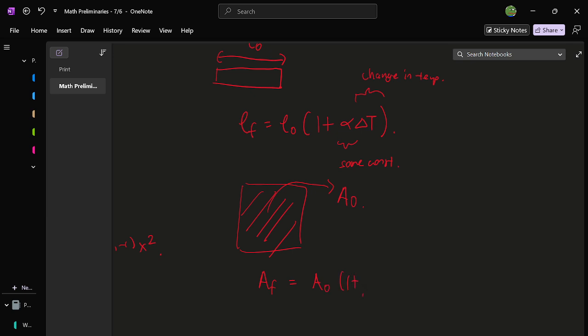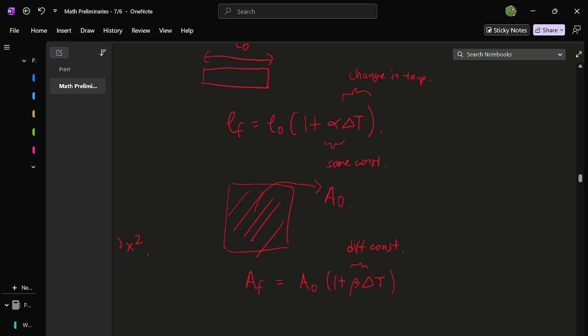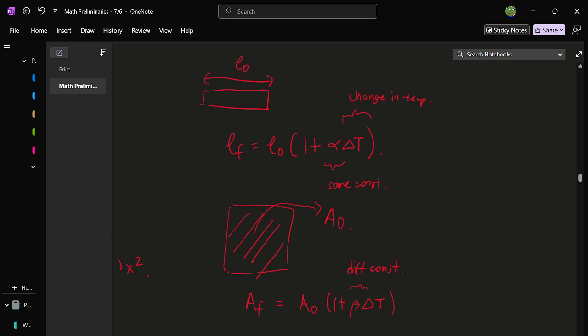Let's assume, for the sake of working something out first, that it expands linearly in area as well. But this time, you have a different constant, beta, and beta is not equal to alpha. So how would you find what beta is?